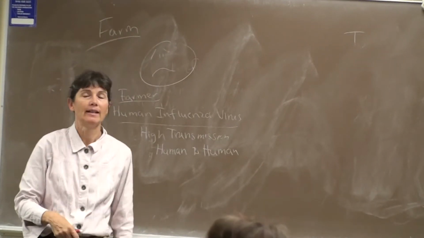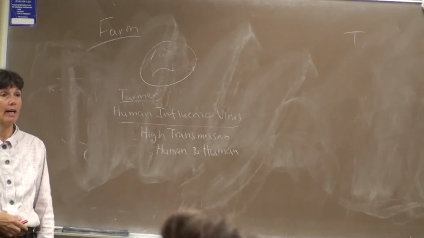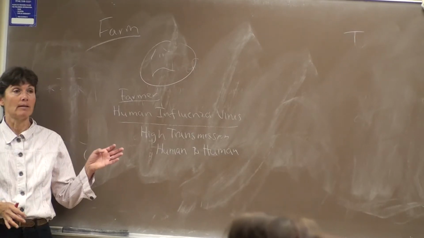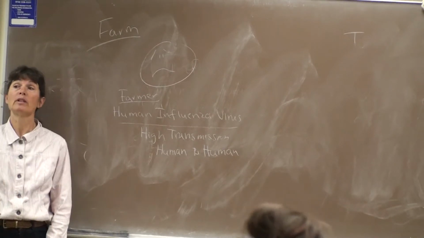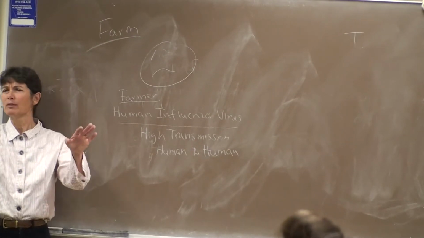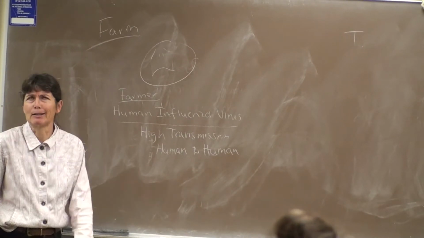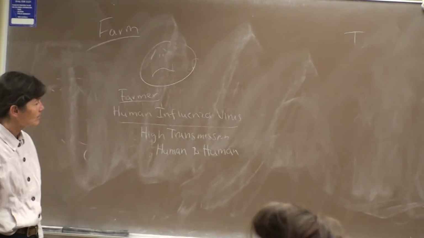You might be sick, might be in bed for a week, might feel lousy for a few weeks, but usually you don't die. The human strains are potentially lethal in our high-risk groups: the very young, the very old, immunocompromised. But young people your age, you might miss an exam or something, but you're not going to die from it. But high transmissibility, right? Okay.